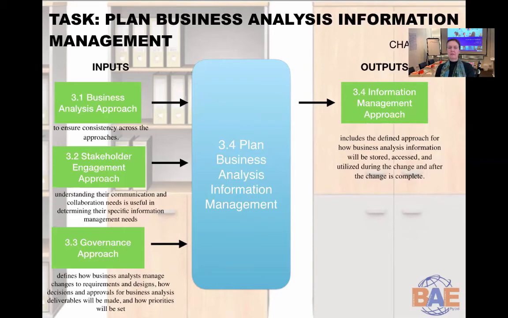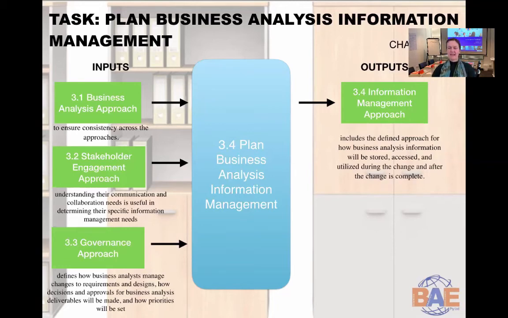Now, ultimately, once you've performed this task, you've used all three of those inputs, you will end up with one output, which is the information management approach. And this includes a defined approach for how business analysis information will be stored, accessed, and utilized during the change and after the change is complete.